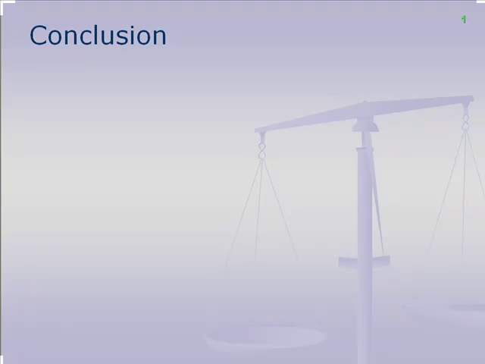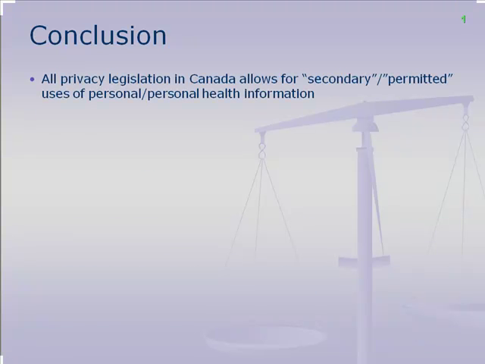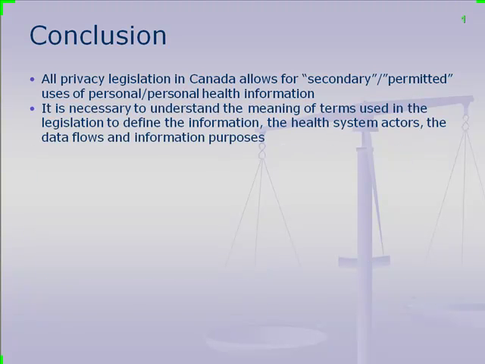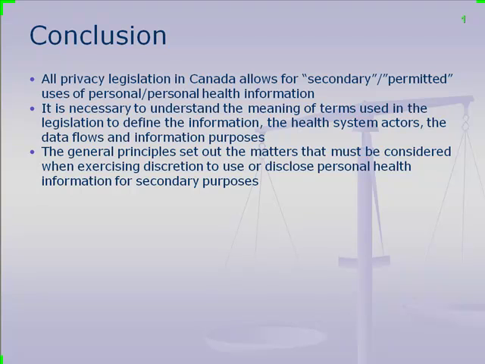So to wrap it up, just a few concluding points. All Canadian privacy legislation allows for secondary or permitted uses of personal health information without consent in certain circumstances. It's critical to understand the meaning of the terms, to define the information, the actors, data flows, and purposes.